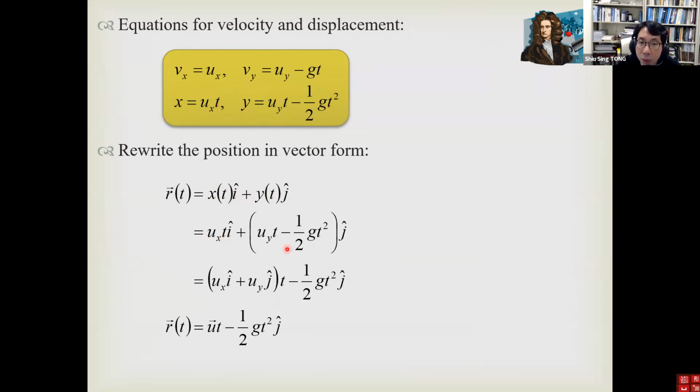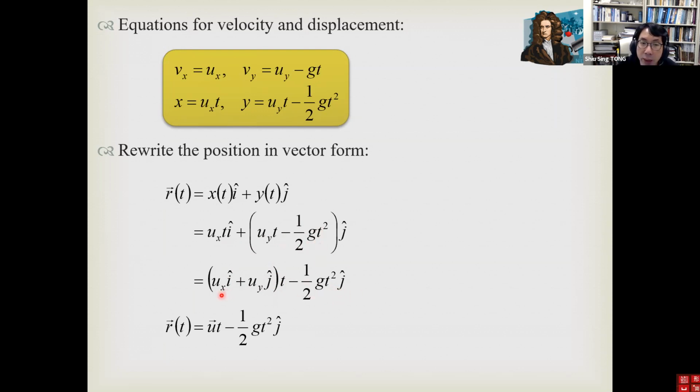The y component is uyt minus half gt squared. Now we gather the terms with u: uxi plus uyj, multiplied with t. We put the two terms with ux and uy together, and the last term that consists of half gt squared, we put it alone.